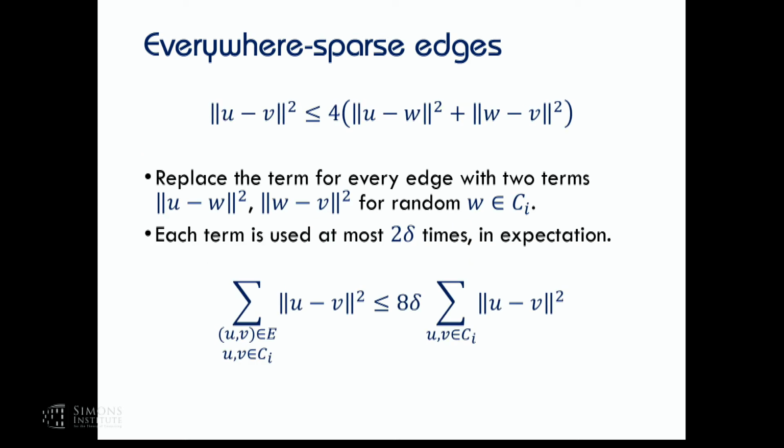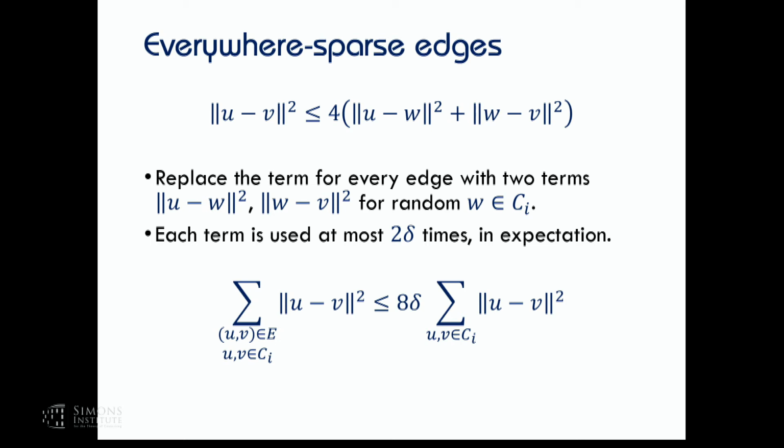Now, let's choose w uniformly at random inside cluster Ci. And then, when we do this, each term will be selected at most 2 theta times in expectation. So every term will be selected pretty rarely, and from that we get that the sum of u minus v squared over all edges is at most 8 theta times the sum over all u and v in the cluster.